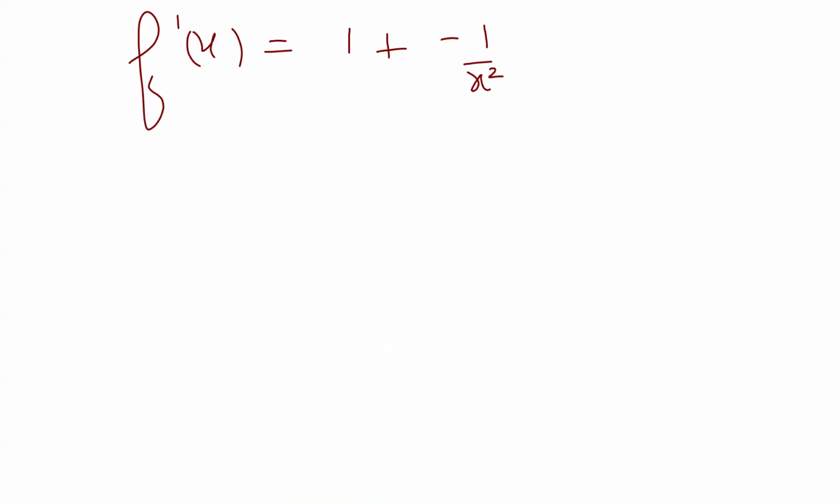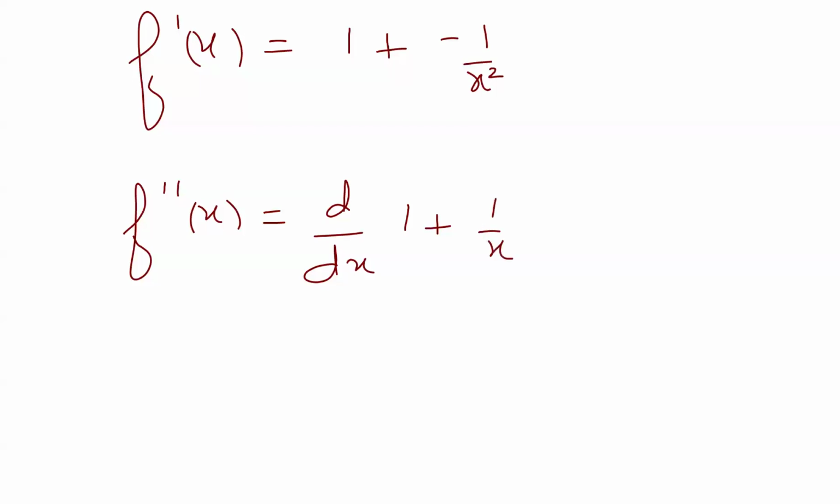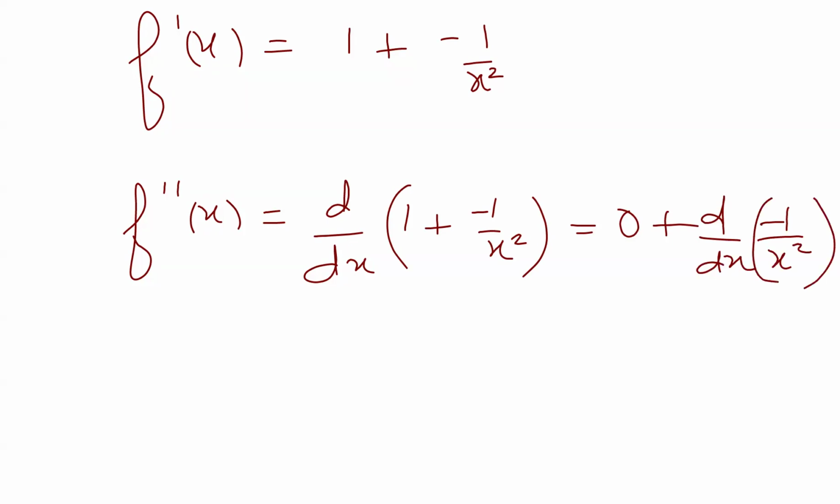I hope you know derivatives, right? Fine. So f double dash x is nothing but d by dx of f dash x. The derivative of 1 is 0, plus d by dx of minus 1 upon x square. Take that minus outside.